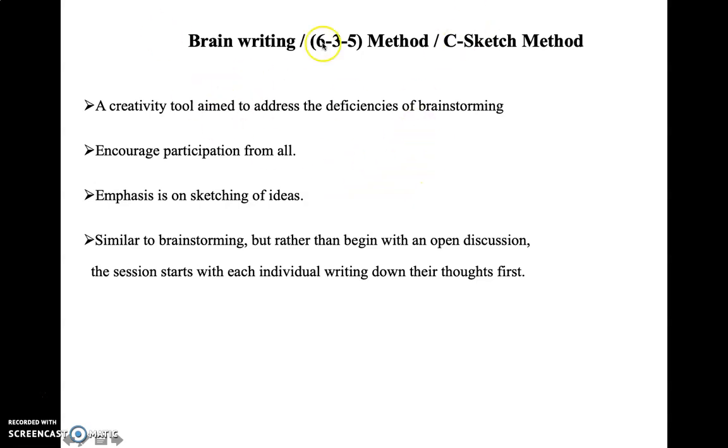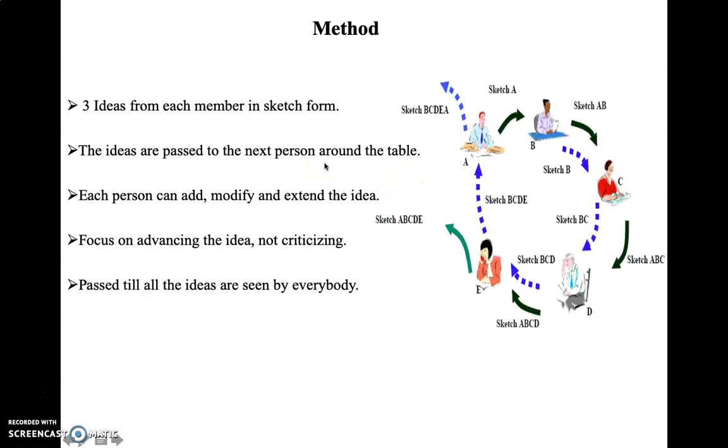This is also one kind of concept development technique. What you have to do is develop 3 ideas from each member in sketch form. The ideas are passed to the next person at the table. Each person can add, modify or extend the ideas presented by the former member.